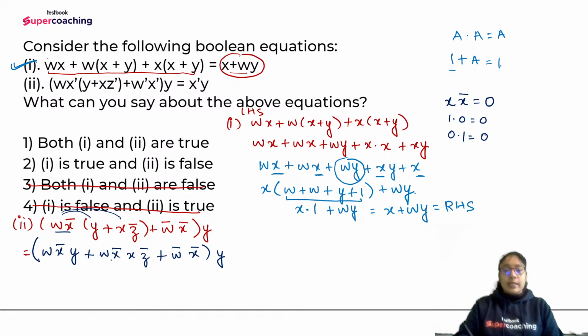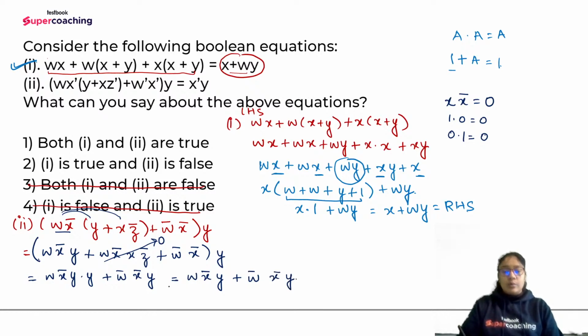So this term becomes 0. So we got the term wx complement, open the brackets, this is y into y plus w complement x complement y. Simplify this, this comes out to be wx complement y plus w complement x complement y.